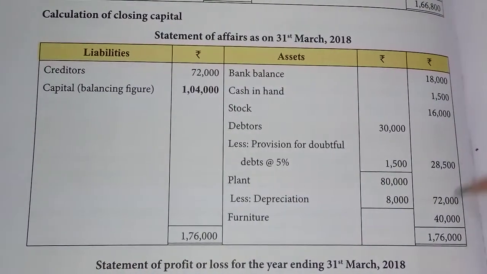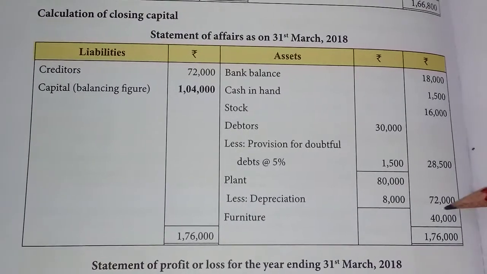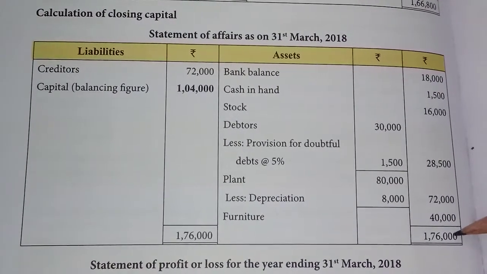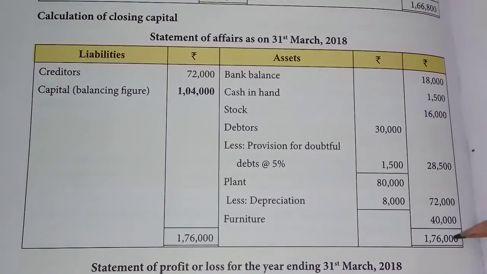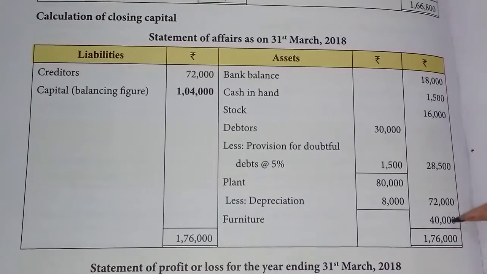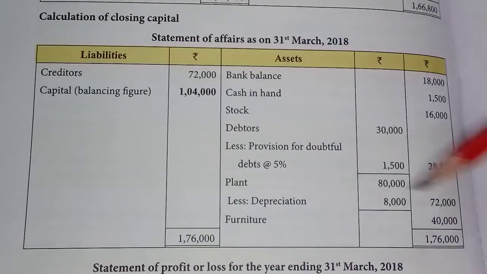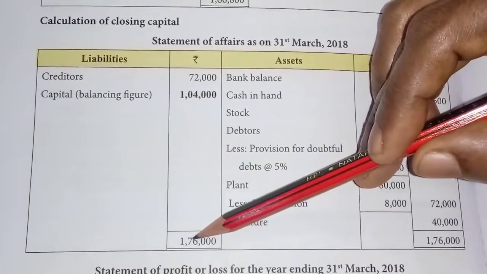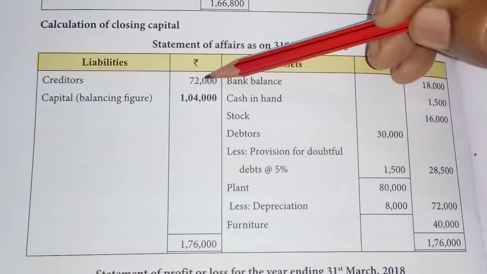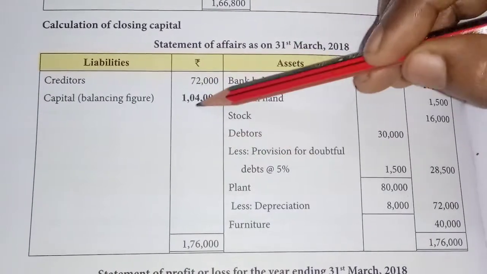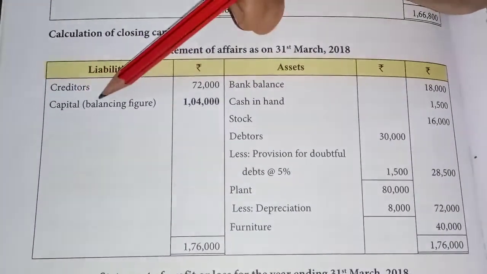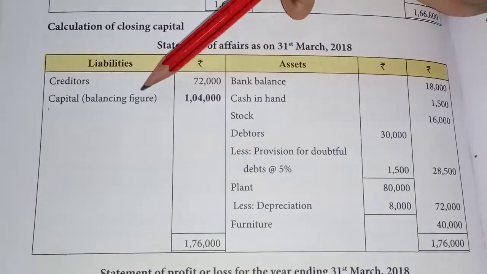Now add all these items and write here the total. Then add the same way as I have explained to you. Write the same amount on the liability side also. Now you find the difference and you will get 1,04,000. Write capital, bracket, balancing figure.